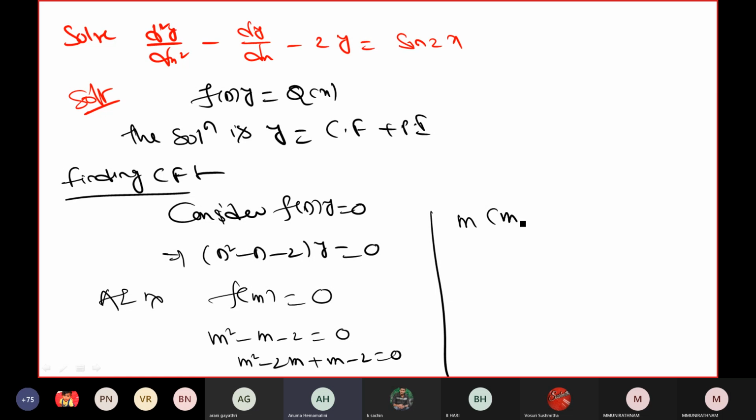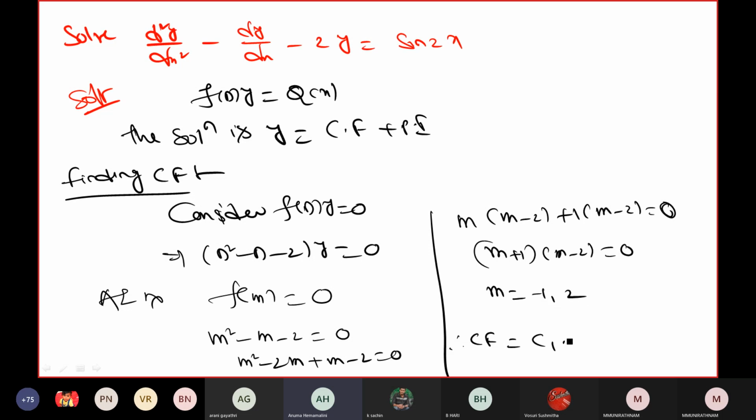This is m into m minus 2 plus 1 into m minus 2. M plus 1 into m minus 2. M equal to minus 1 comma 2. So therefore what is CF now? C1 e power minus x plus C2 e power 2x. Yeah, fine. Now coming to PI.